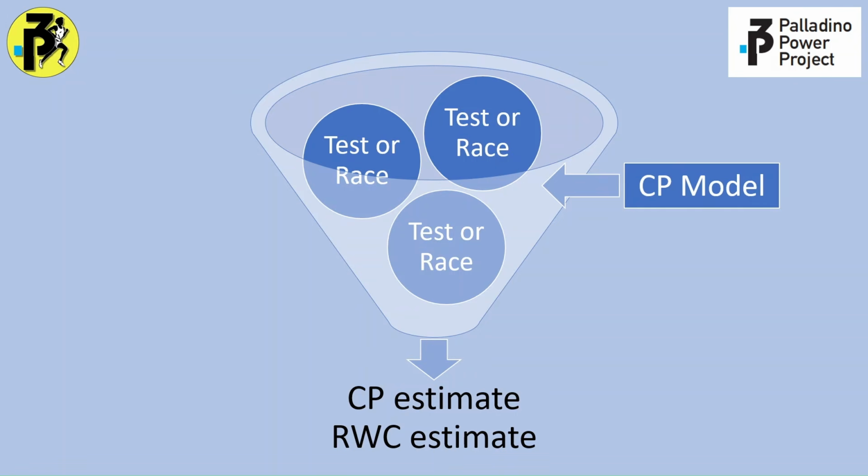So again, this is the typical scenario where we're taking test or race data that goes into a model, which is this funnel-shaped thing here, just to depict a model. And then the output typically is at least a CP estimate and a reserve work capacity estimate.